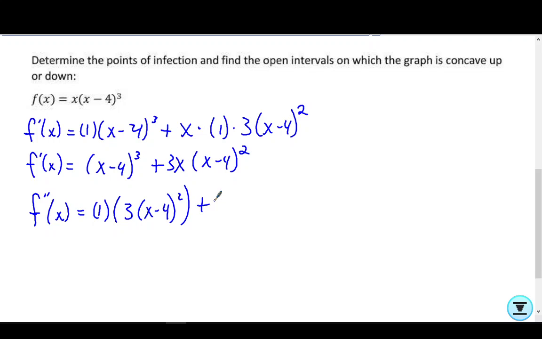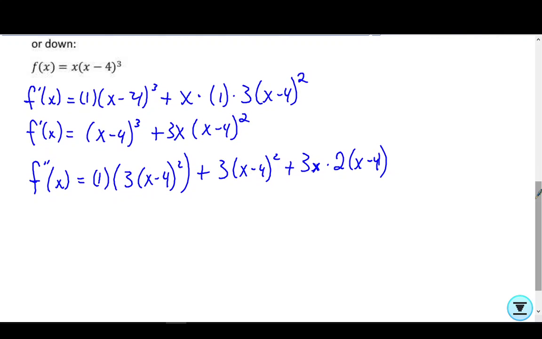plus, and here we got to do product rule again. So the derivative of 3x is 3, times x minus 4 squared, plus 3x times the derivative of this, which is 2 times x minus 4. Okay, so let's simplify a little bit, because this is our second derivative.